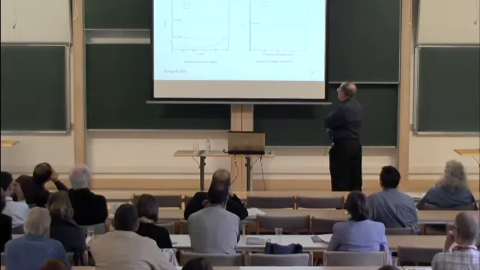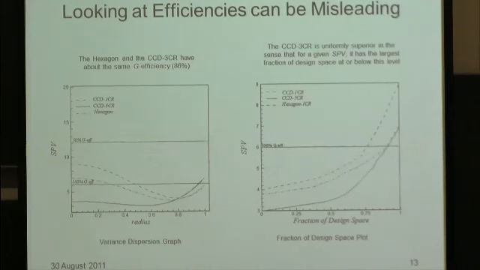But look at the performance. Look at the prediction variance performance over the design region. It's very different. The CCD predicts much better near the center of the region than does the hexagon. And if you use a fraction of design space plot to compare these designs, which is the picture on the right, you'd notice that the central composite design with 3 center runs is uniformly better than either of the others.